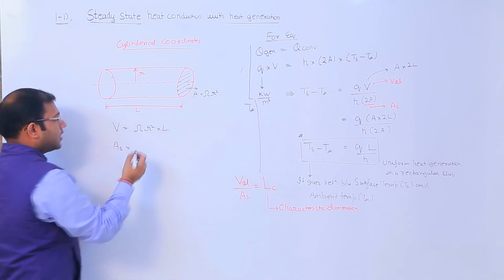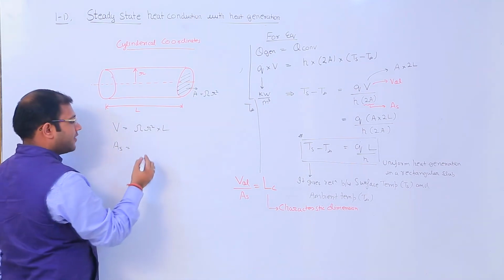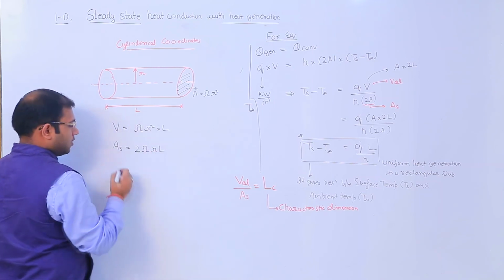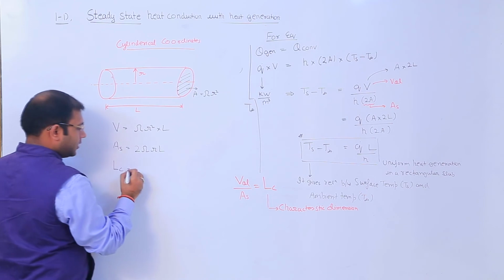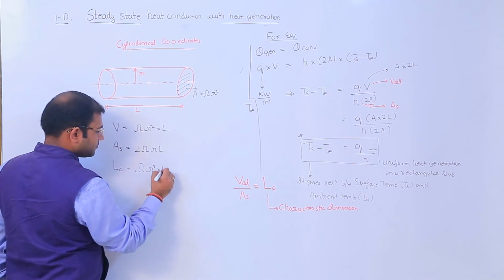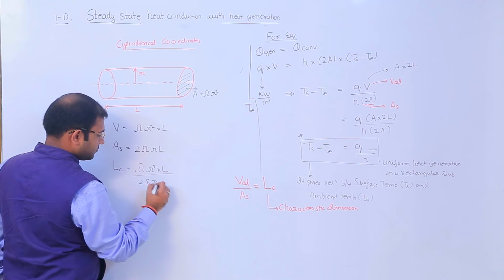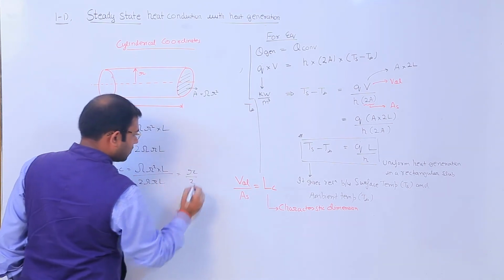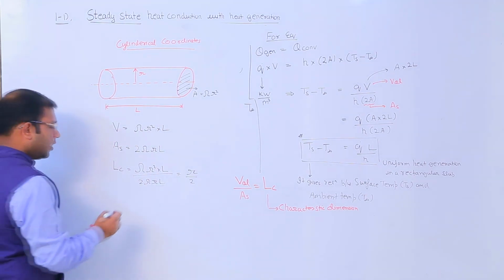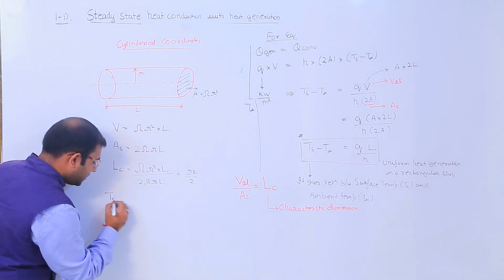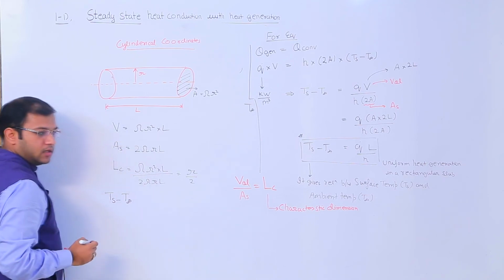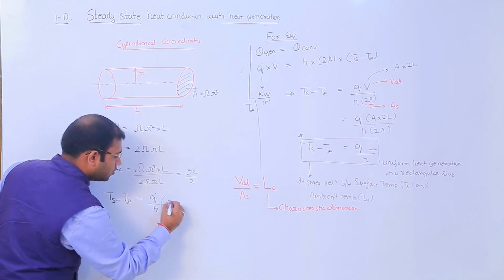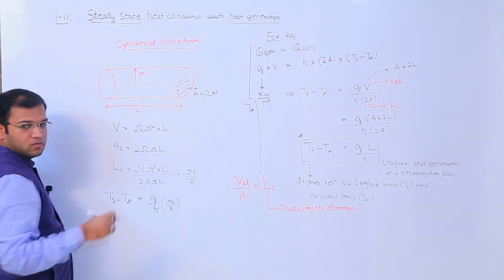So the surface area responsible for heat convection becomes 2 pi r L. So the characteristic dimension here becomes, fine, so it is nothing but your r by 2, fine. So here the formula Ts minus T infinity is nothing but Q dot by h into r by 2, fine.